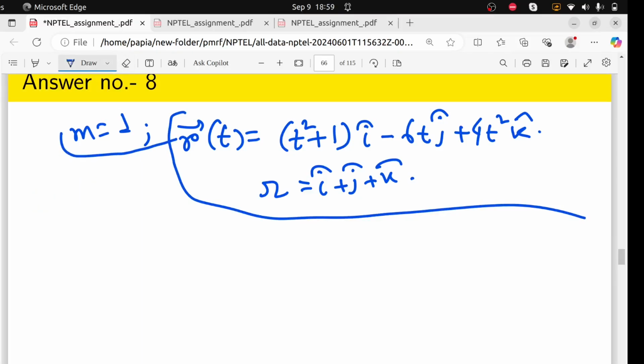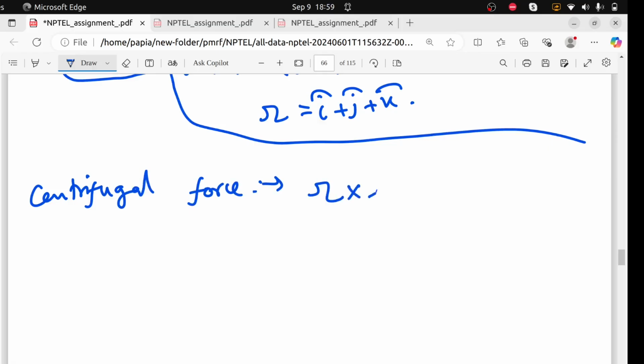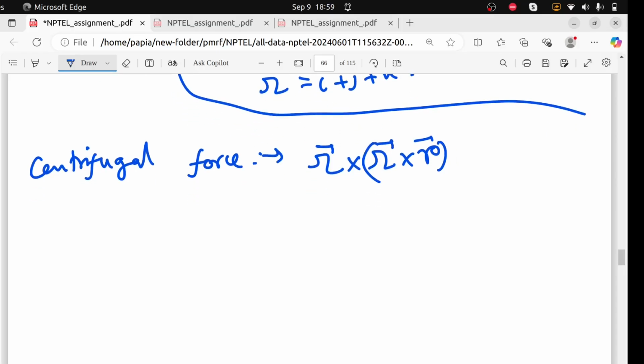Now centrifugal force, that will be simply omega cross r. Okay. So for that case, what we need to calculate first, we are going to calculate omega cross r.